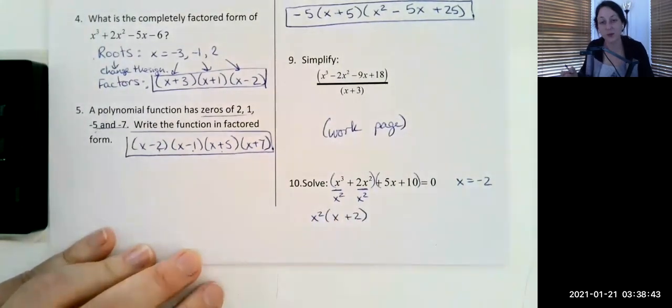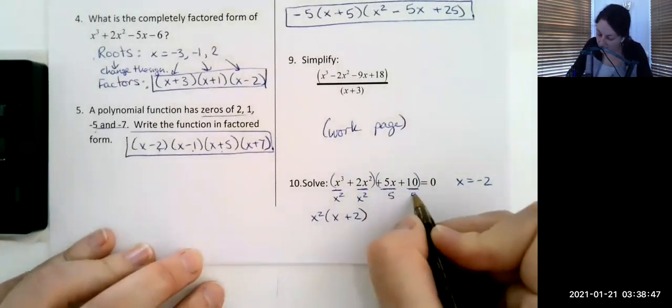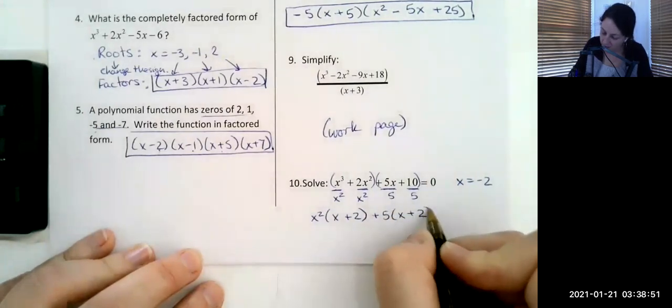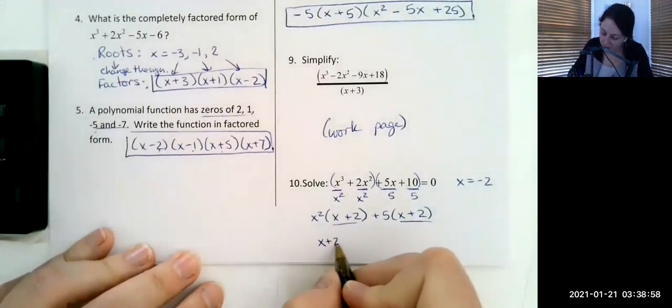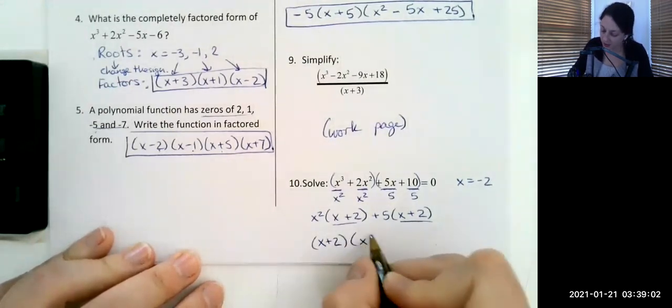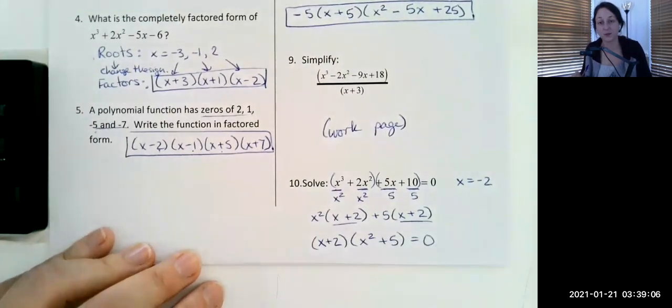The second two terms have 5 in common, so I take out 5, and look at that, x plus 2 is still there. Since they both have x plus 2, that's one factor, and then x squared plus 5 is my other factor.